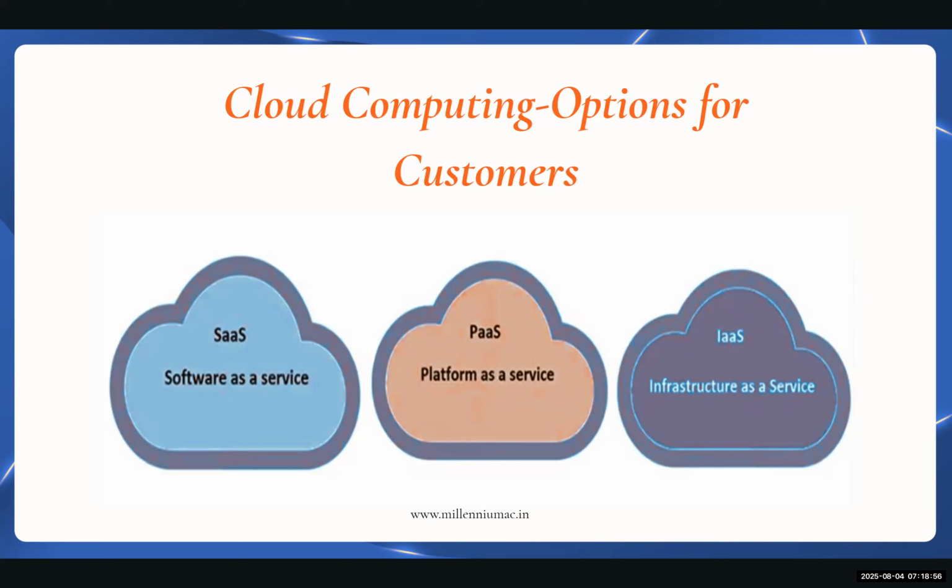As we purchase land and construct a building, in the same way, in the cloud we will be purchasing certain space and installing our own software, our own firewall, and our own middleware tools, and we will be using it, right? That's where infrastructure as a service works.